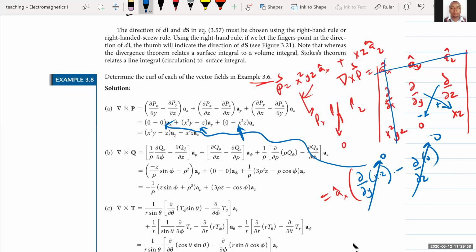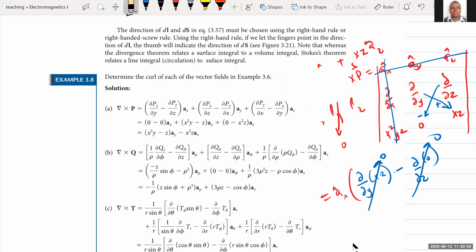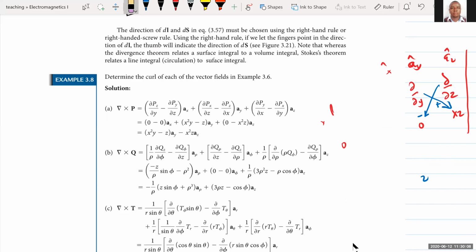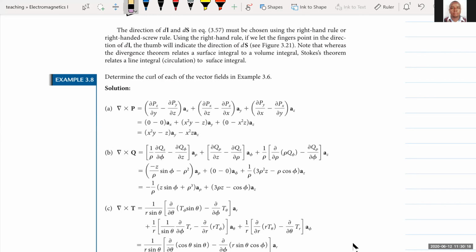So the curl of P is simply given by x squared y minus z in the ay direction minus x squared z along the z direction.